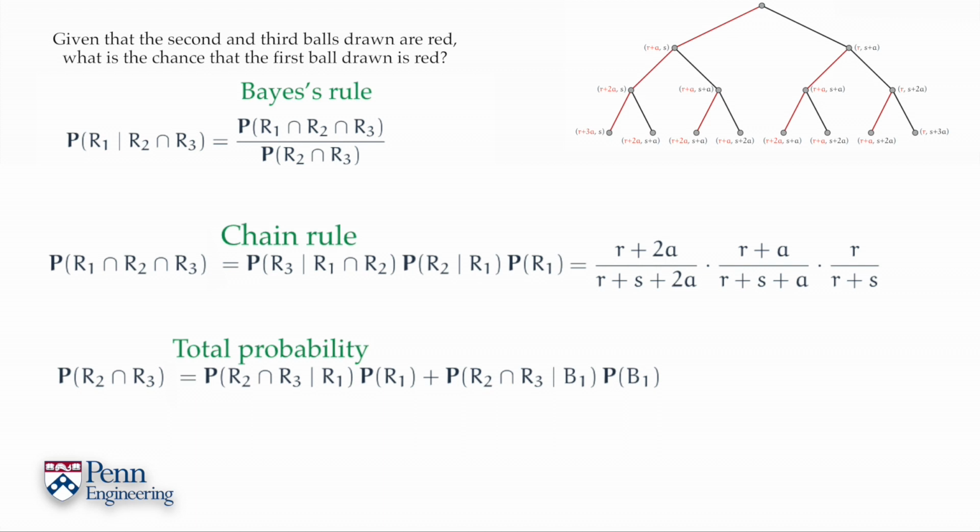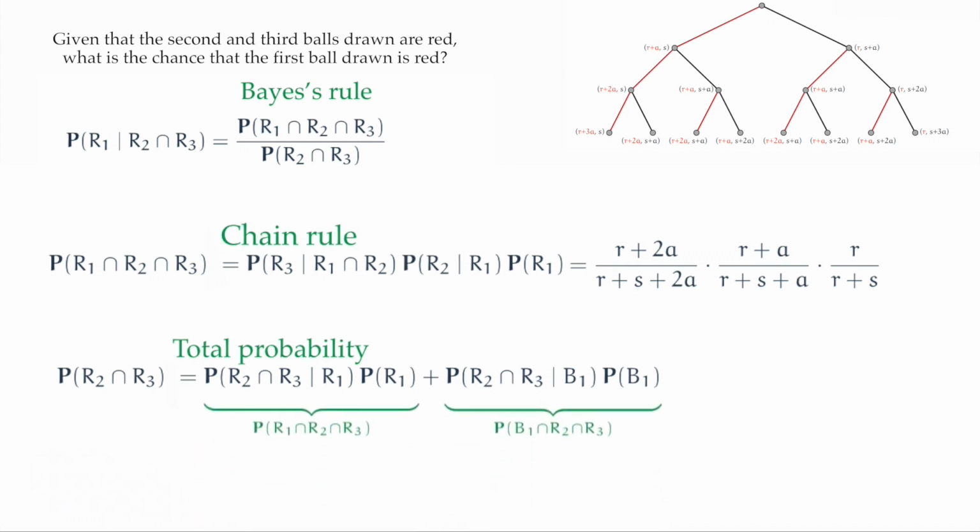Well, what happened in the first step? You either had a red ball or a black ball. That naturally partitions the space, and so total probability allows us to write down the probability of interest, that the second and third balls drawn are red, in terms of what the first draw was. And now we simply read out the probabilities again. And there we go.